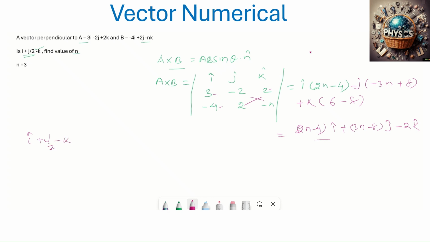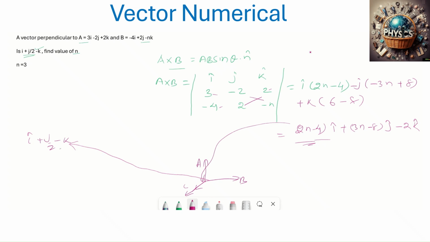These two are the vectors given, A and B, and the third vector C, which is the cross product of these, comes along like this. Now I have another vector, which may not have the same magnitude as C, the cross product of A and B, but it is in the same direction as C because it is also perpendicular. So if I somehow correlate these two vectors, then I'll be able to find the value of n.